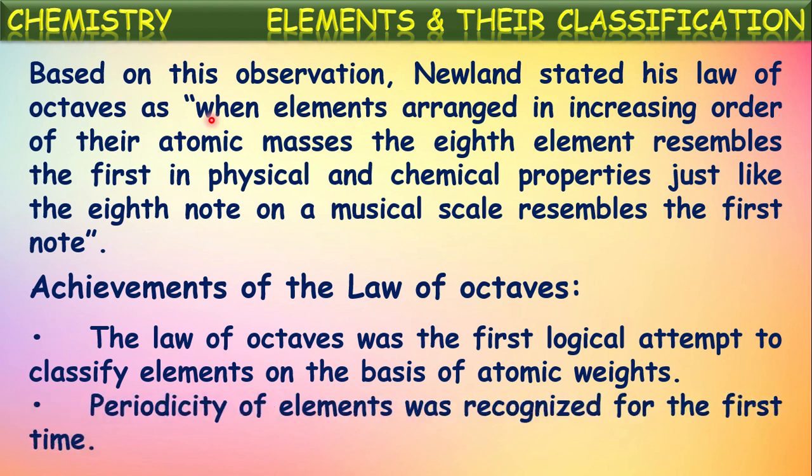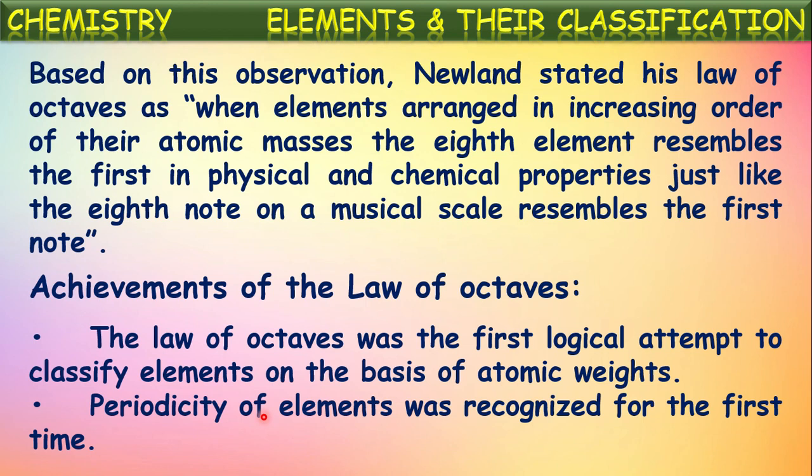Periodicity of elements was recognized for the first time. This is very important. Periodicity was observed in this. When elements are written in the increasing order of their atomic weights, the properties of one element are repeated by some other element in that order, the consecutive eighth element.